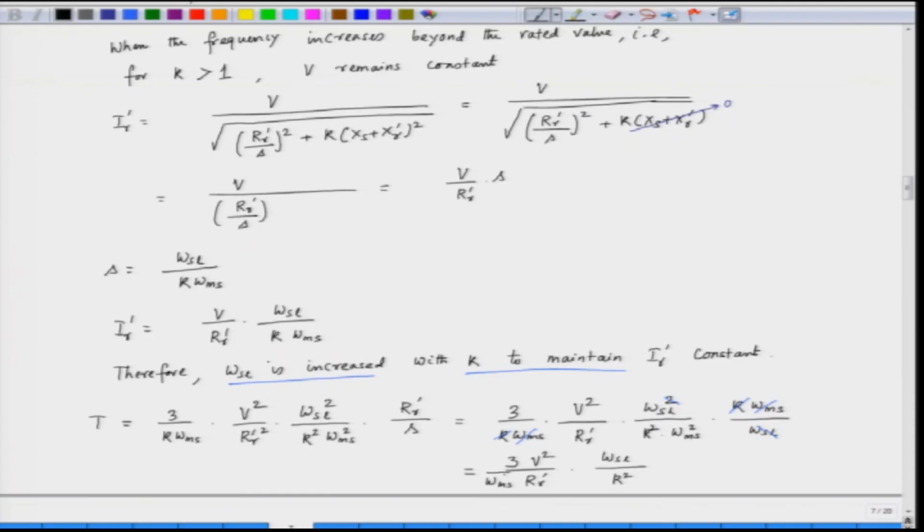So, what we finally get is a constant into omega s l by k into 1 by k. Now, this is an interesting derivation. So, we are basically keeping this omega s l by k ratio constant.